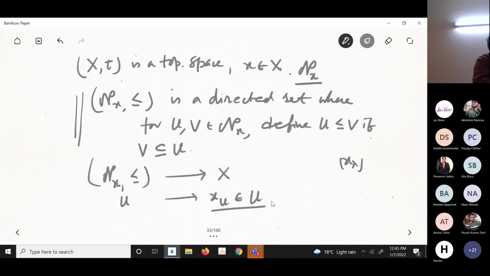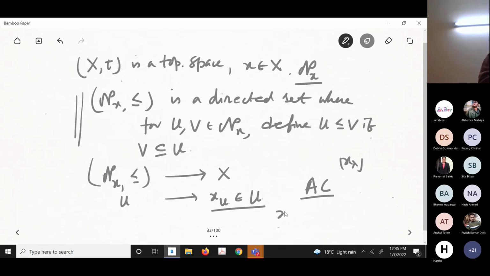You are having a bag of neighborhoods of x, where each bag is a neighborhood of x, and from each bag you are picking up an element x_U. So you are using the axiom of choice. Okay, just to remind you. So you pick up a point.